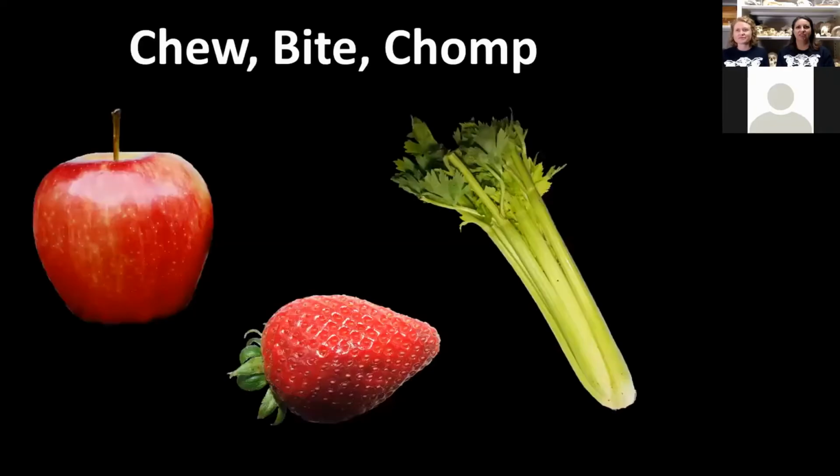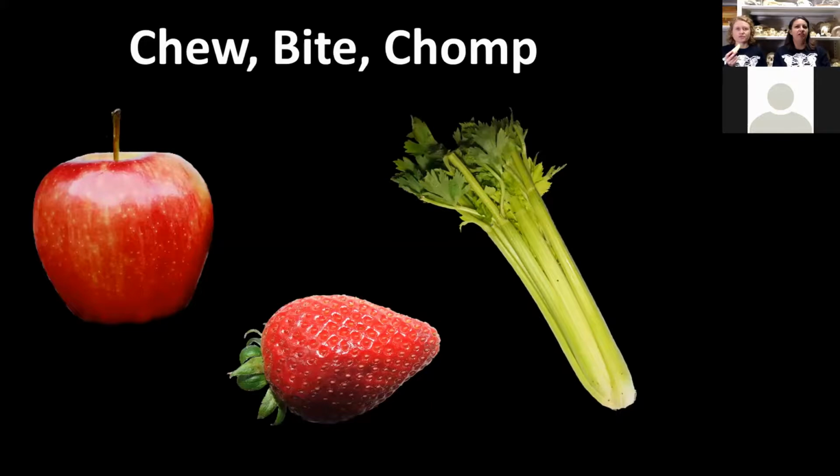All right. So our first food item that we're going to use is maybe apples or strawberries or even some celery. I have an apple slice. Before we bite in or chew or chomp into this food, we're going to ask you all to think about what teeth you might use to eat this food item.